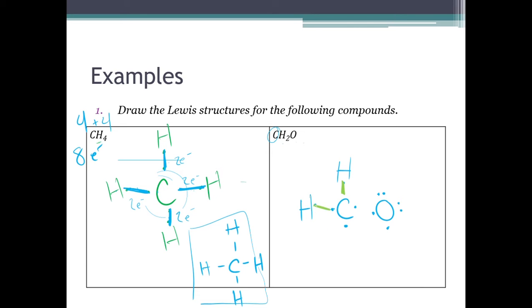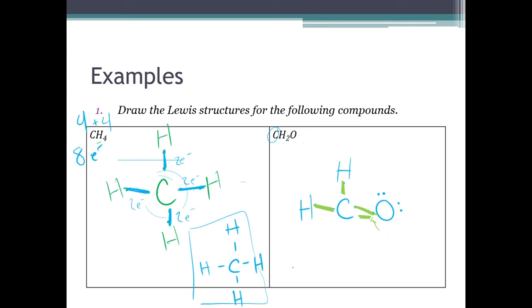These two right here, pretty obvious, pair up to make a bond. These two right here, pretty obvious, will pair up and make a bond. And then we've got this awkward electron over here and this awkward electron over here. So these will sort of move into the middle between the carbon and the oxygen. So they will disappear from down here, and will instead form another bond here in the middle.